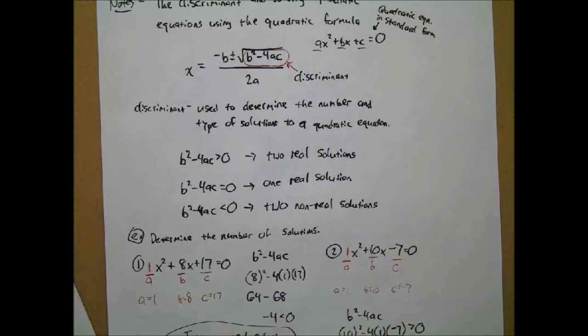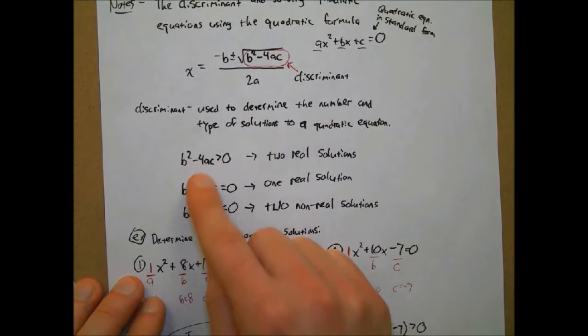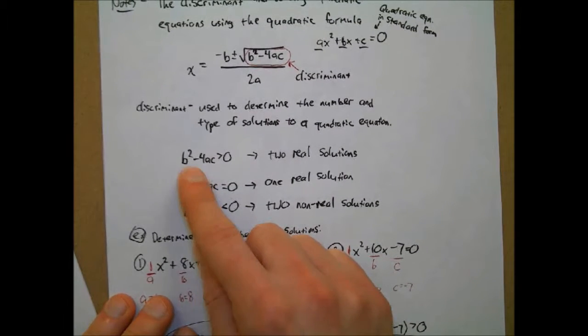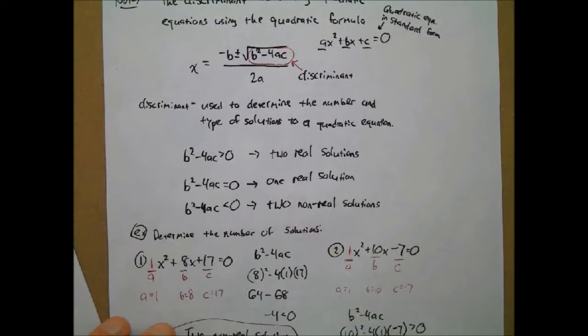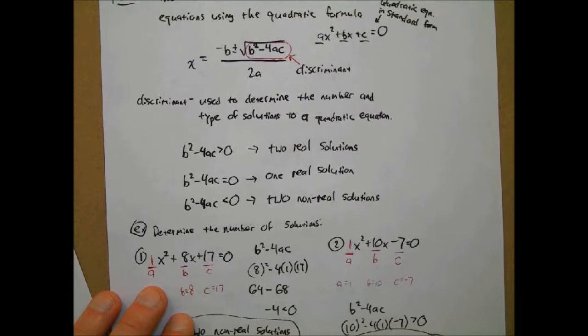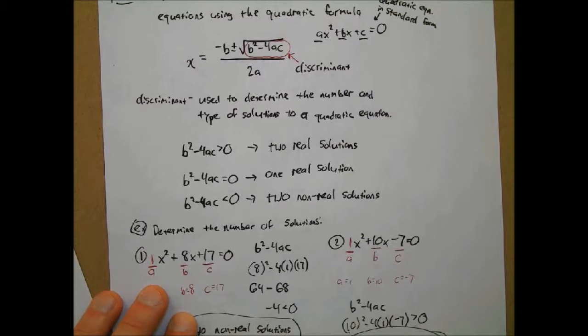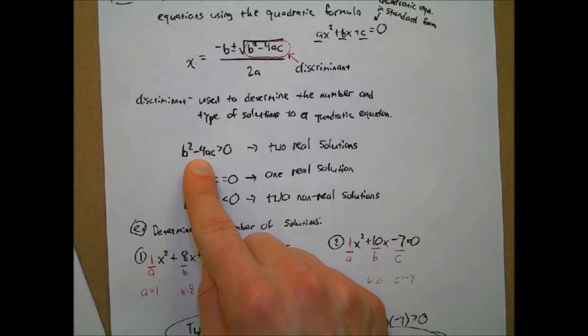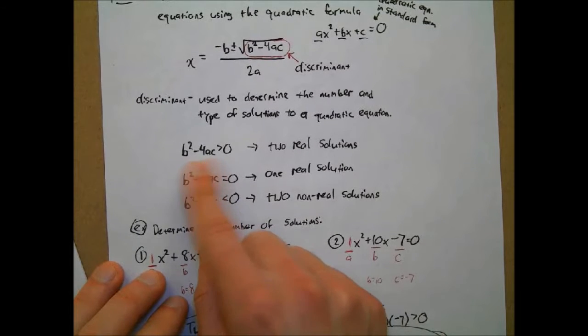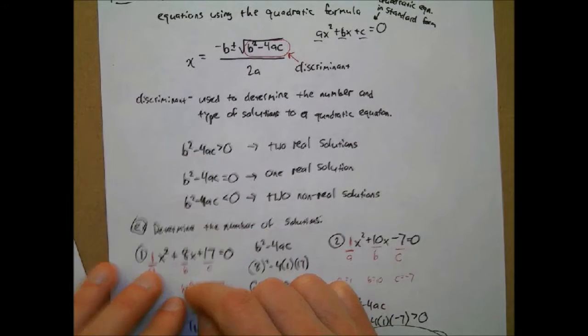So it'll be b squared plus whatever -4 times a times c is, if you want to think of it that way. If A was positive and C was negative, you would have negative times that -4, which would become positive. So it would then be plus.